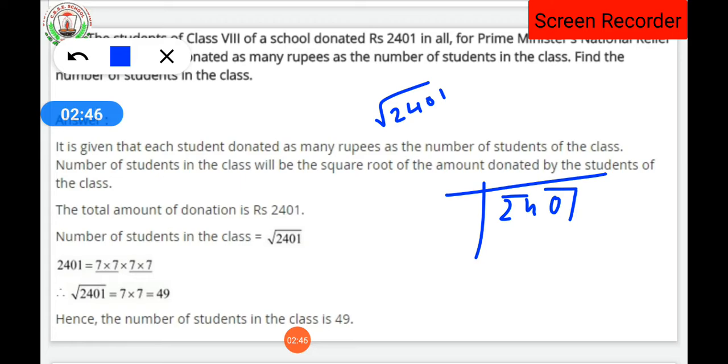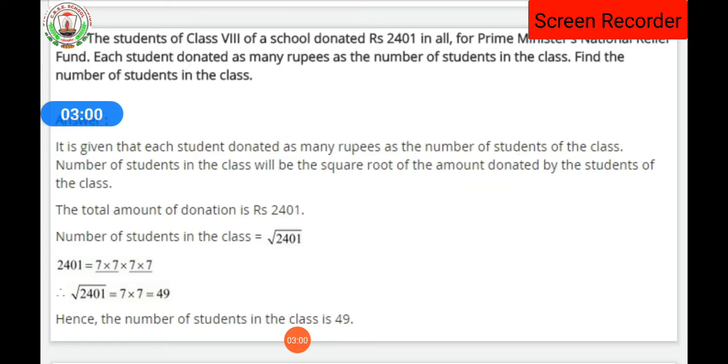So 4 into 4 is 16, isn't it? So we use 4 into 4 as 16. Subtracting 16, you will get the required answer and proceed. In the previous videos I have explained many times how to do the long division method.